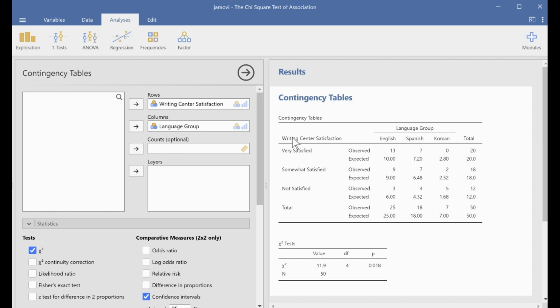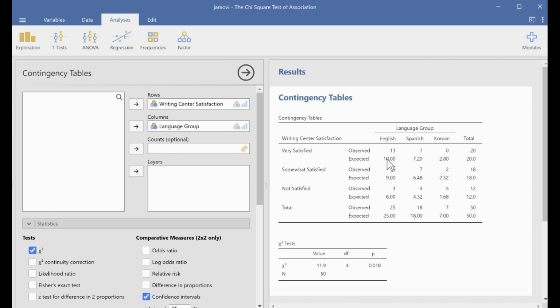When we want to explain this, we can look at the contingency table. Remember, this is what is expected if this was just random and distributed. So we would expect to have 10 English speakers who are very satisfied, but actually we have 13.